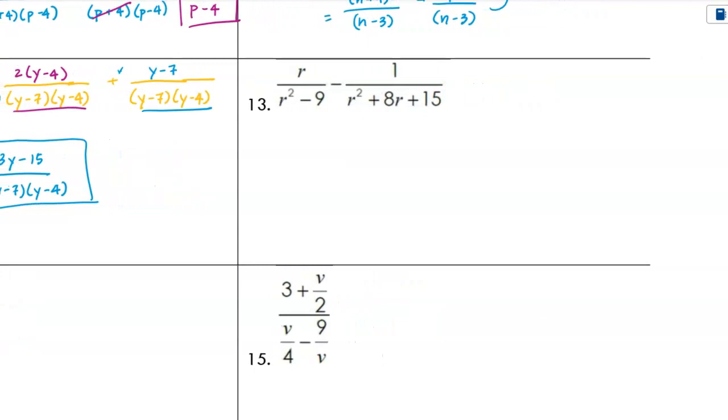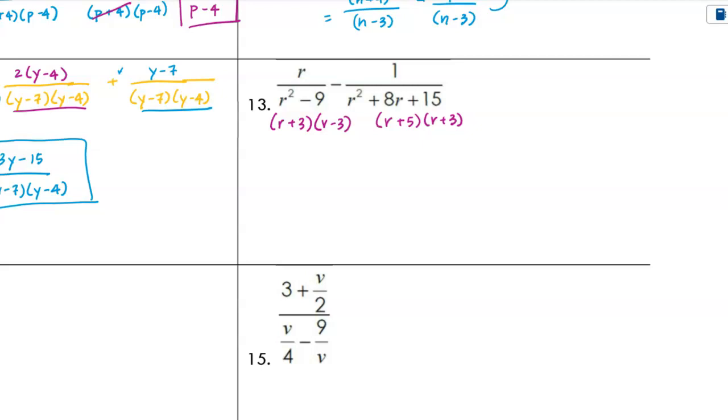I feel like I need to factor this. This is r plus 3, r minus 3, and we have an r plus, let's see, what is that? r plus 5 and r plus 3, okay? So if you look at the two denominators, what is our common denominator?